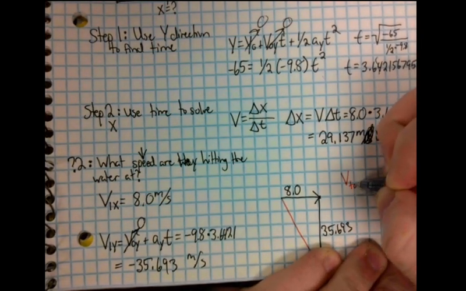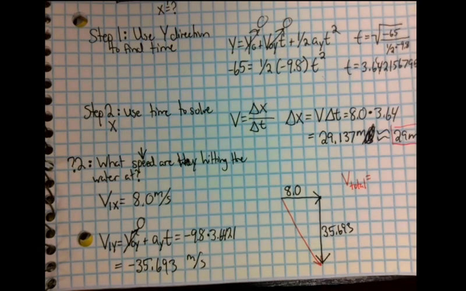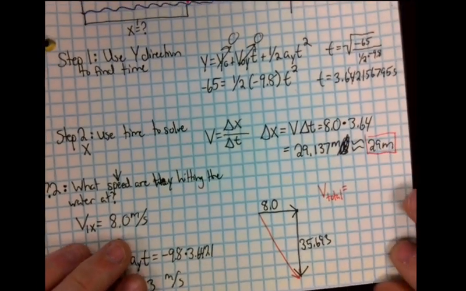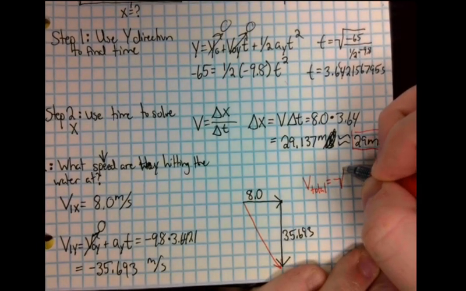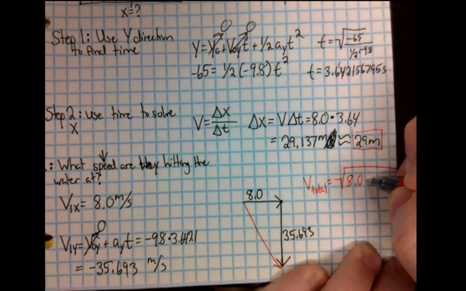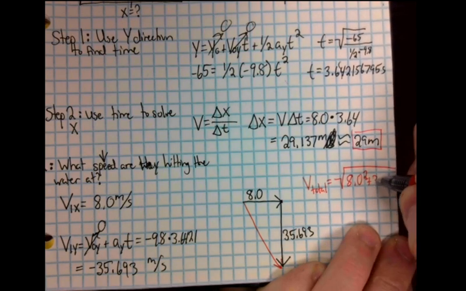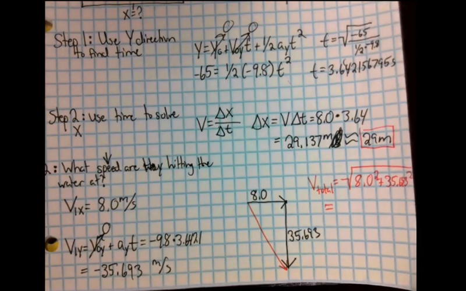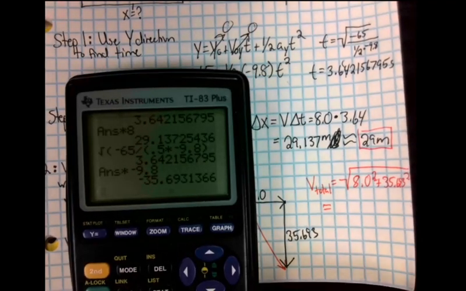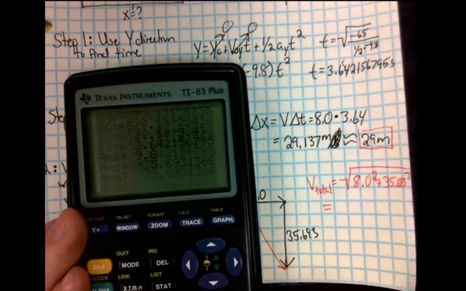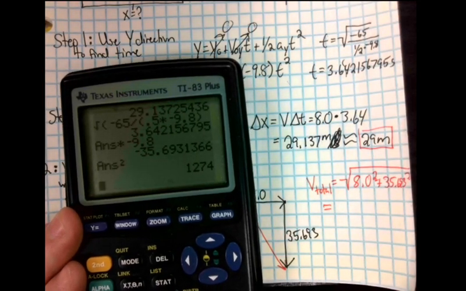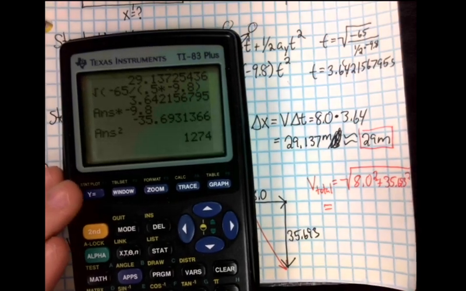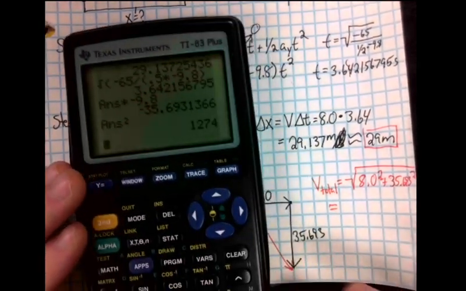Our V total, and I'm using V even though it's technically speed just because that's how we've gotten used to it at this point, is going to be the square root of 8.0 squared plus 35.693 squared. So let's plug these in. I'm going to square that number so I don't have to do any other weirdness there. And that's interesting. Comes out a whole number.